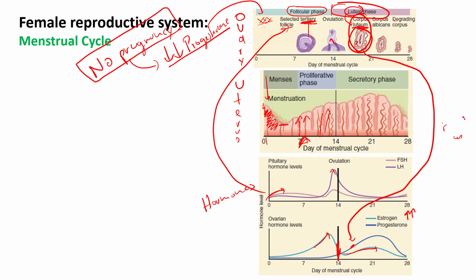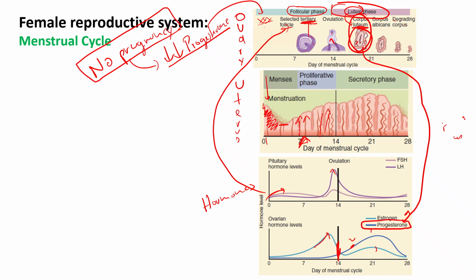Prior to ovulation, the levels of progesterone were very low, and after ovulation, progesterone starts getting elevated. This is because the corpus luteum after ovulation is the main source of progesterone. And it's this increase in progesterone that stimulates the secretory phase that takes place in the uterus.